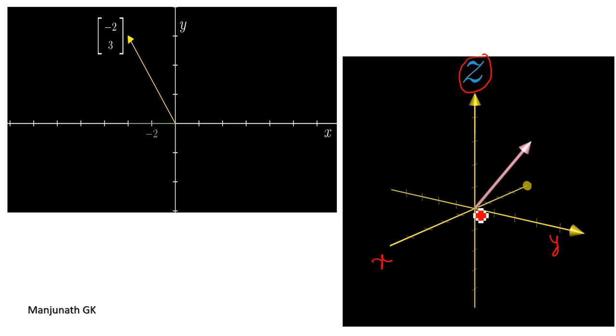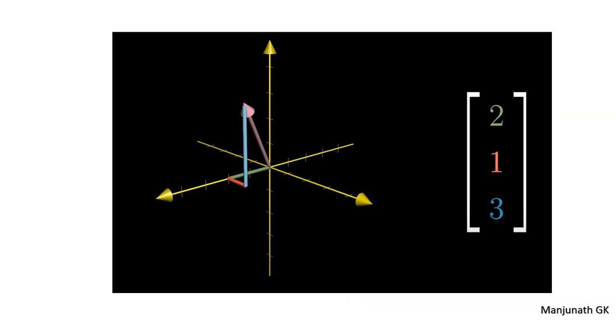How does a vector look? It will have an x component, y component, and z component. Let us see with an example. These three components enclosed in square brackets represent a vector having three components, and the three components are represented in three axes, that is x, y, z.